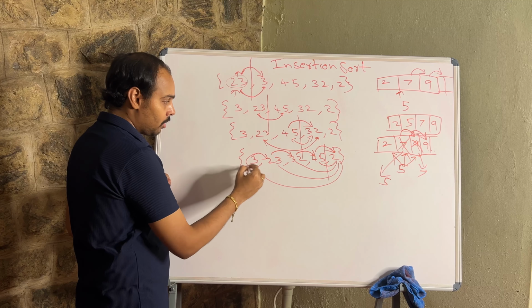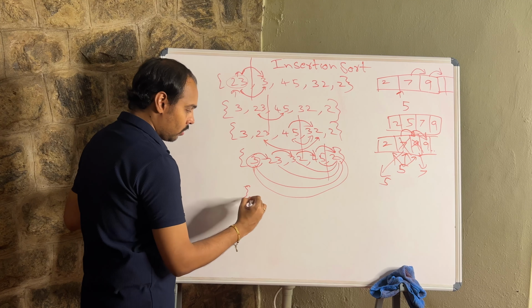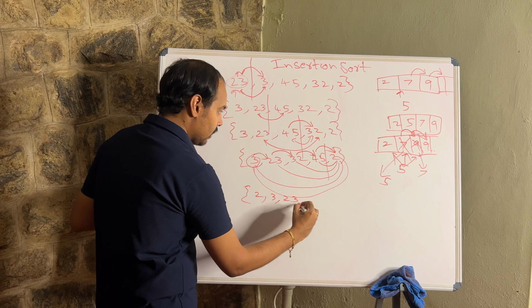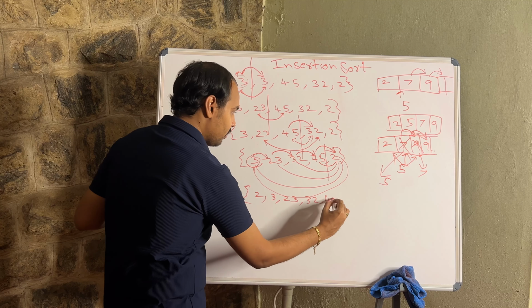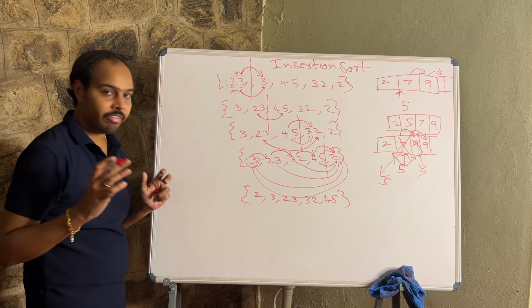Now we have created space here where we will put this 2. So the resulting array is 2, 3, 23, 32, 45. So this is the final array.